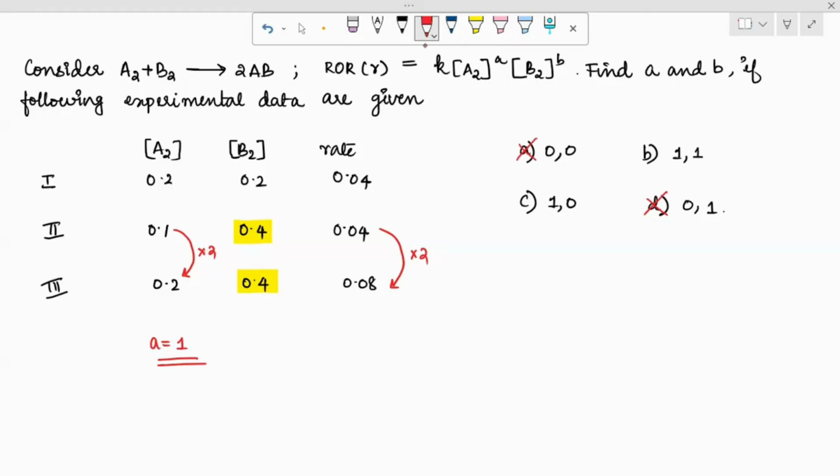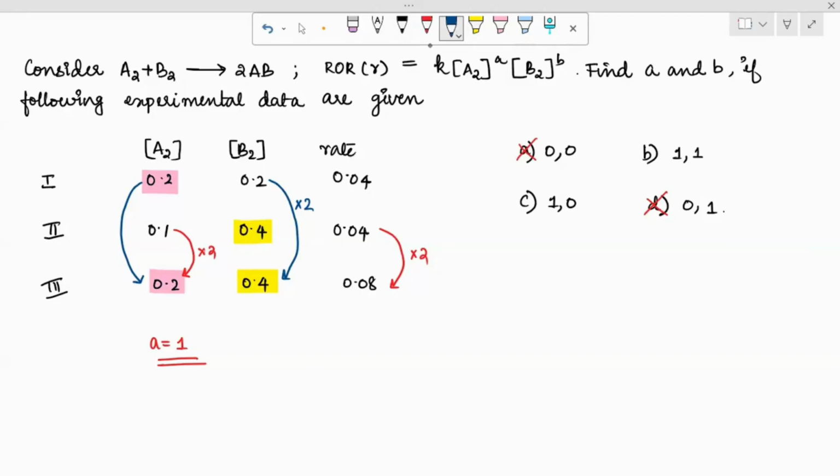Now we need to compare experiments where A2 is constant. For example, let's say I take 1 and 3. Among 1 and 3, 0.2 and 0.2, A2 is not changing. But what about B2? My B2 is increasing 2 times, 0.2 to 0.4.